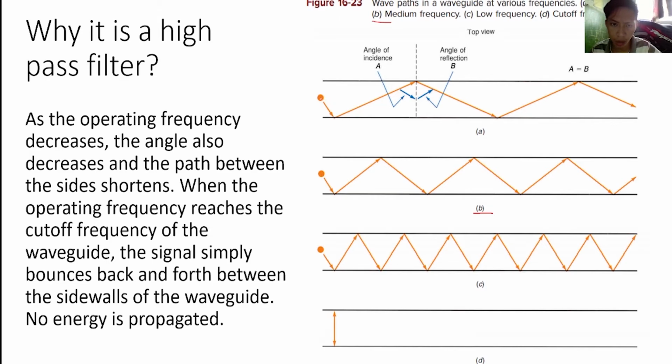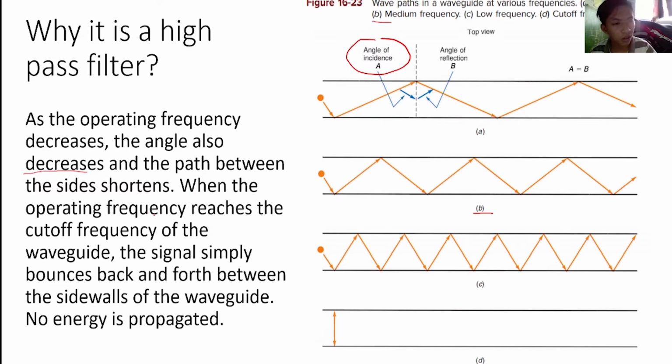The signal propagates and then it bounces back, almost the same concept that happens in a kaleidoscope. As you can see, in high frequency, it has this angle of incidence. Observe the angle of incidence as we go nearer to the cutoff frequency. As you can see, the angle of incidence decreases, as stated here.